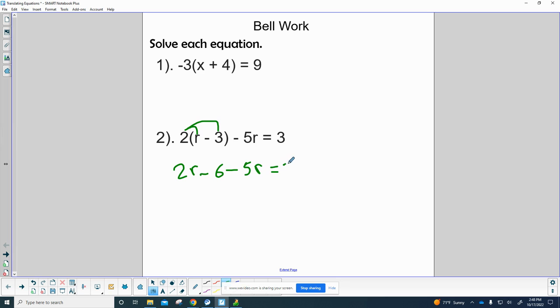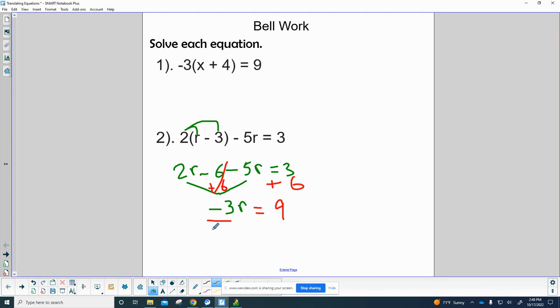equals 3. So if I combine the 2r minus 5r, I end up with minus 3r. Then the minus 6 that you see there, I'm going to add 6 to both sides. And those will cancel each other on the left side, and on the right side we end up with 6 plus 3, which is 9.